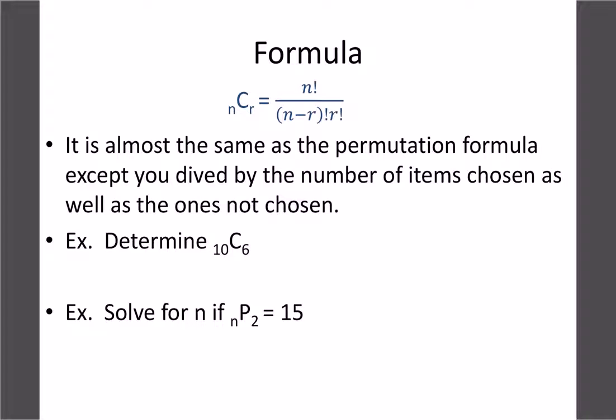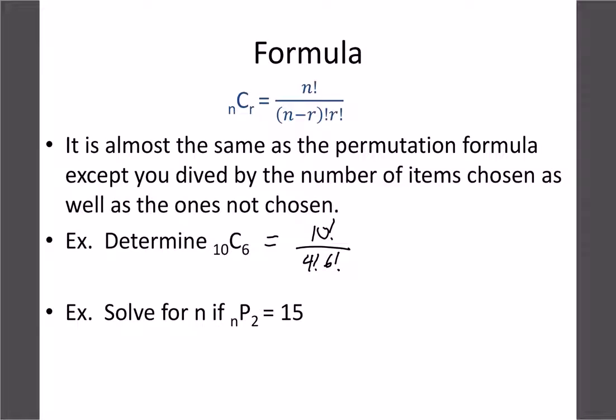So on your calculator, you can type in 10C6 just the way it is, and it'll give you the answer. But let's actually expand this out using the formula. So that'd be 10 factorial on top. Then we'd have 10 minus 6, which is 4 factorial, and then also the 6 factorial.